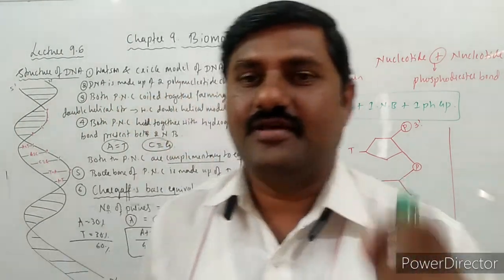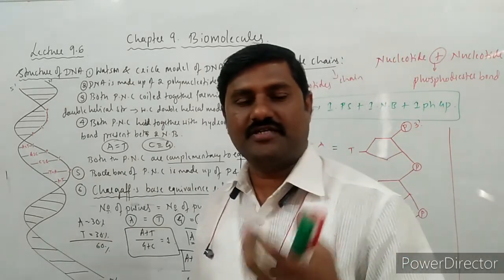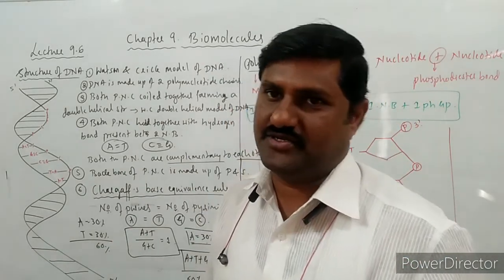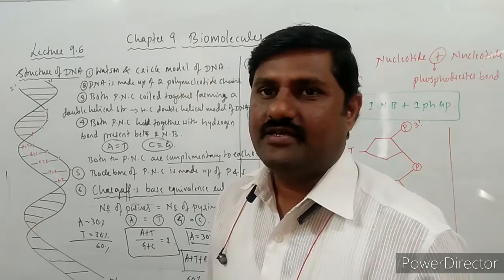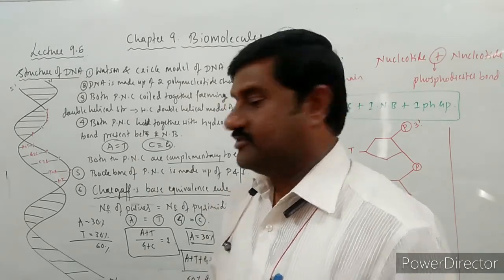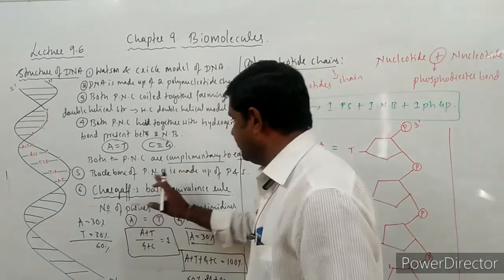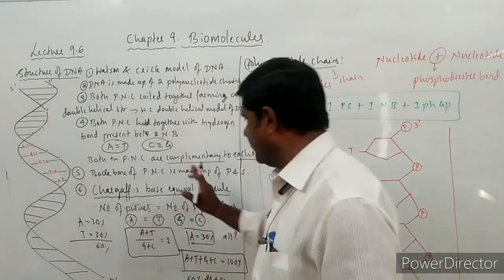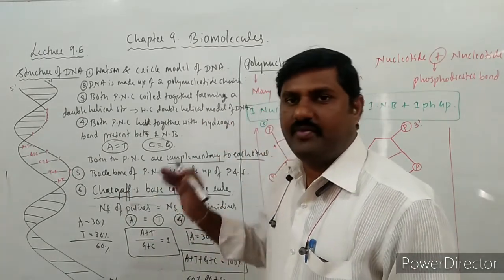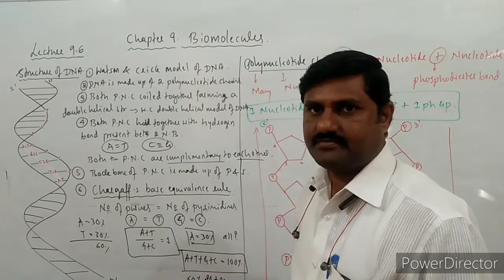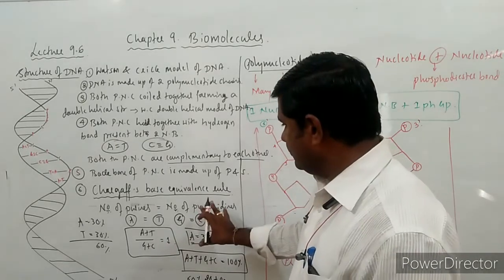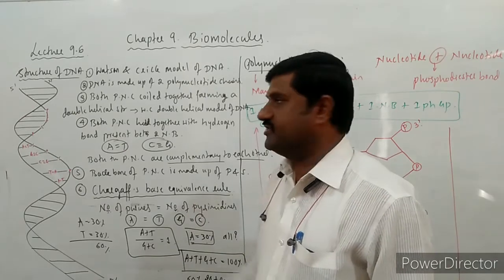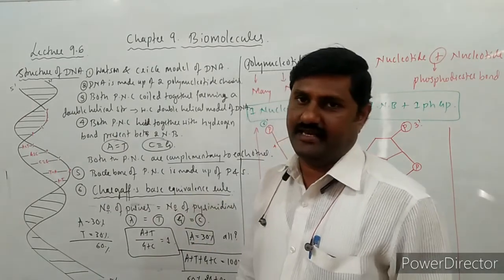This is how some technical questions are usually asked in the examination. So this is Chargaff's base equivalence rule: the number of purines is always equivalent to the number of pyrimidines. You have to mention this rule in the structure of DNA.